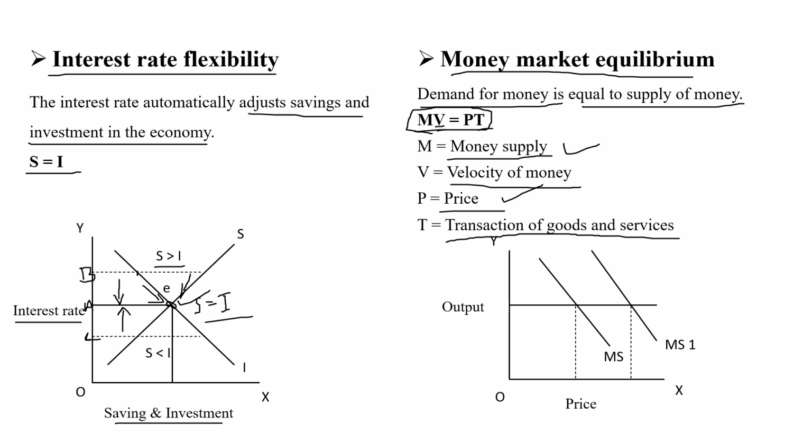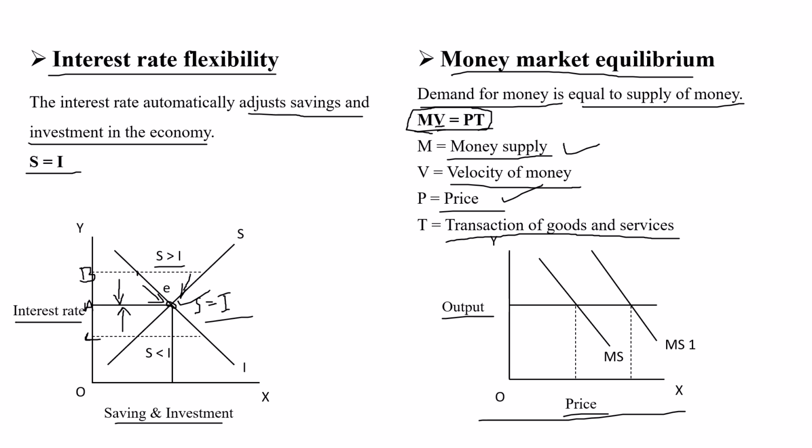Mainly this diagram presents how the supply of money influences the price, not the output. As per the classical economists, the supply of money influences only the price level, not the output level. Here in the diagram, the OX axis presents the price level and the OY axis presents the output level.